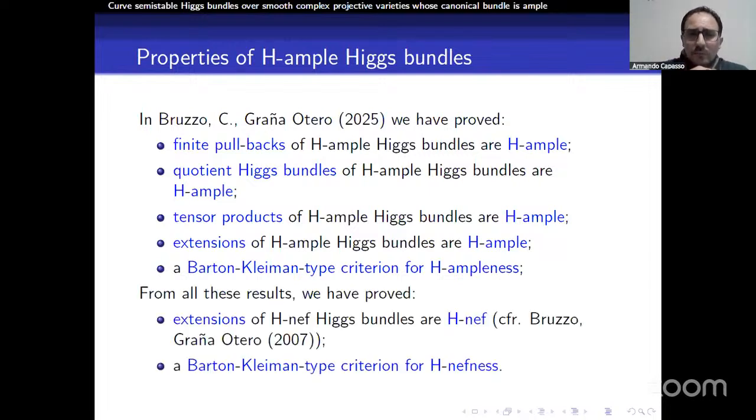From these results, we have also proved that the extensions of Higgs nef Higgs bundles are Higgs nef. The original proof of Ugo and Bea works only in the complex setting, and we obtain a Barton-Kleiman type criterion for the Higgs nefness. Okay? Sorry.